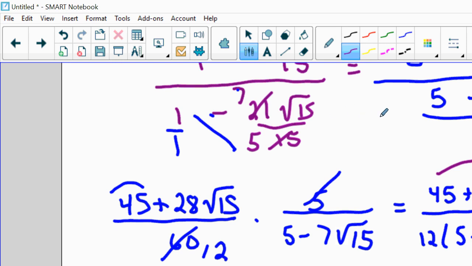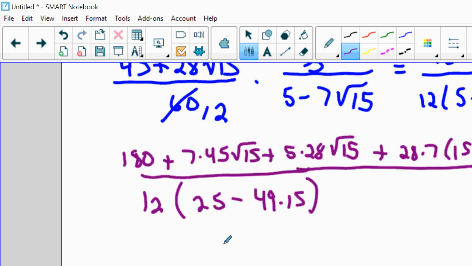Outer is plus 7 times 45 radical 15. Inner is 5 times 28 radical 15. Plus last is 28 times 7 times 15. Totally disgusting. I give up. I could keep going. I didn't get my calculator out, guys. It's not worth it.